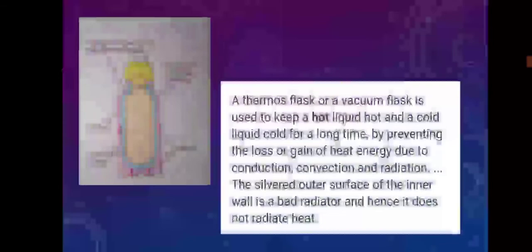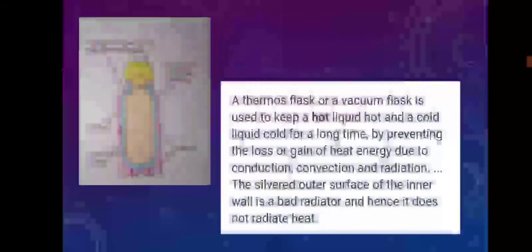It is a special type of bottle or flask which does not allow heat loss or heat gain by the material or object stored in it. A hot body loses heat to the surroundings by conduction, convection and radiation. Similarly, a cold body gains heat by any or all of the three methods of heat transfer.